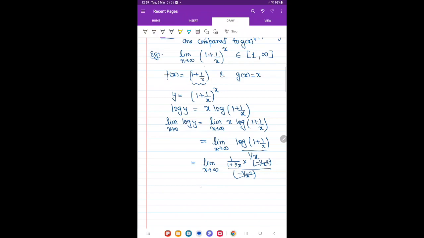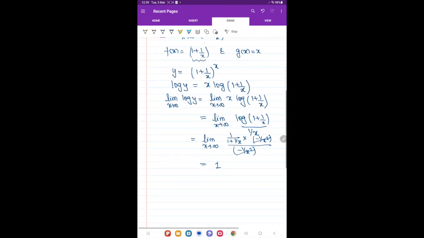This will cancel out, and therefore when x tends to infinity, this is 1. Now since log is an increasing function, y should approach e as x tends to infinity. So in this case we get the answer e.